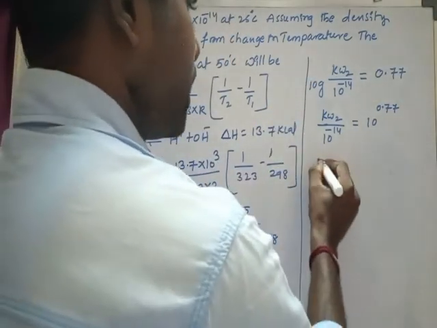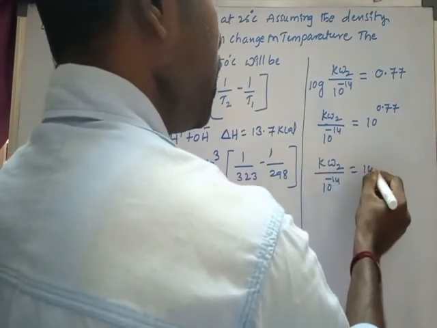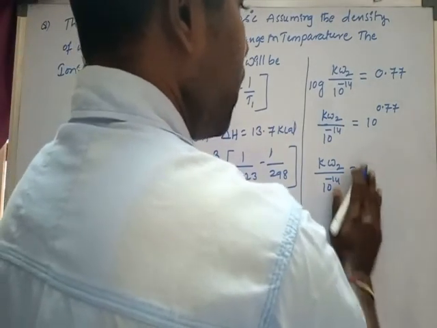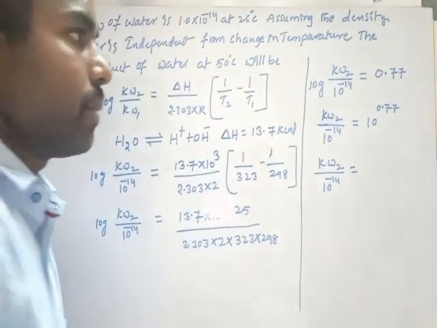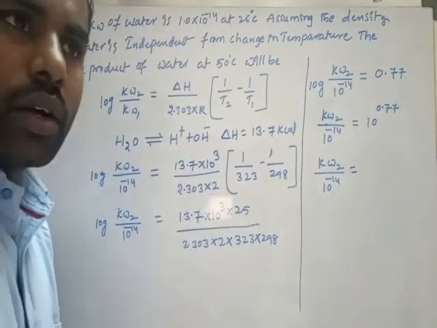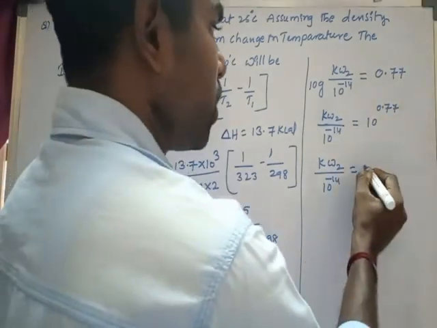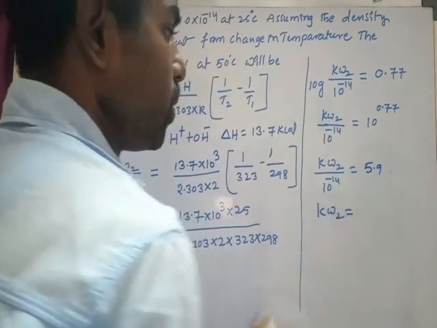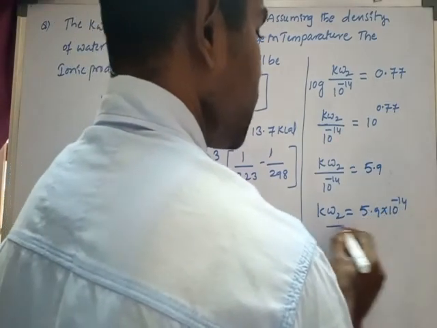Otherwise, directly you can write the antilog of 0.77. Since log 5 is 0.7 something, for 0.77 it is approximately 5.9. Now Kw2 equals 5.9 into 10 to the power of minus 14.